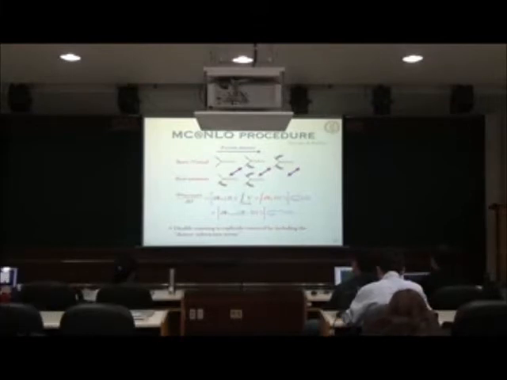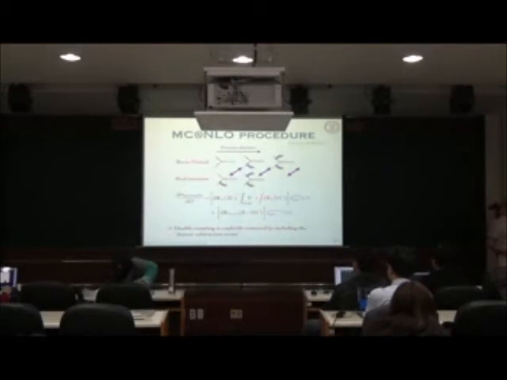That is why this works. And similarly for the virtual corrections, which are overcounted by the pseudocode factor, we have to add these contributions back in. So that is how this MC@NLO procedure works.